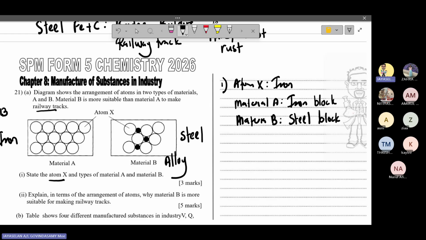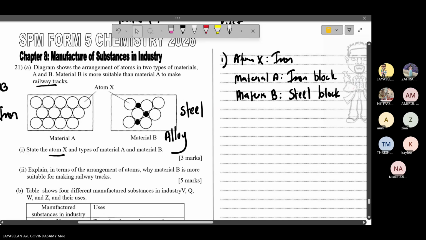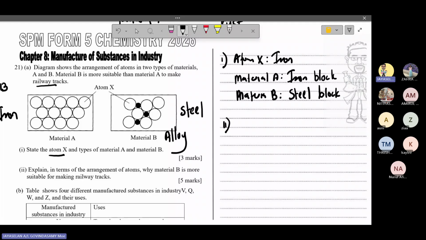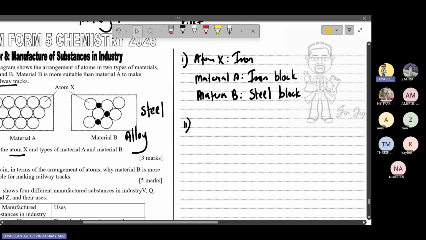You guys already scored 3 marks. Okay, now, how many marks is given? 5 marks, right? Point number 3. Explain in terms of arrangement of atoms why material B is more suitable. Ada tak dia minta compare? No, right? Okay. How to compare?